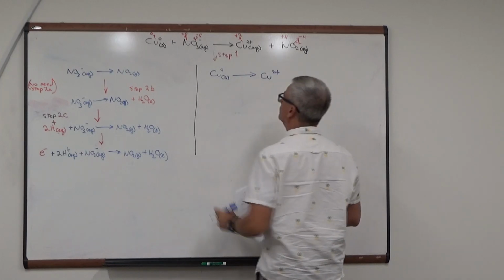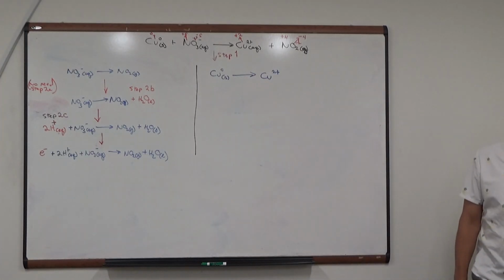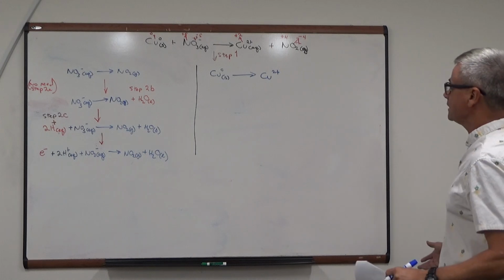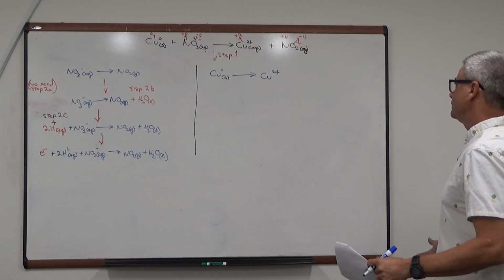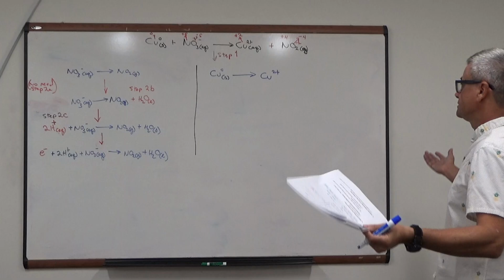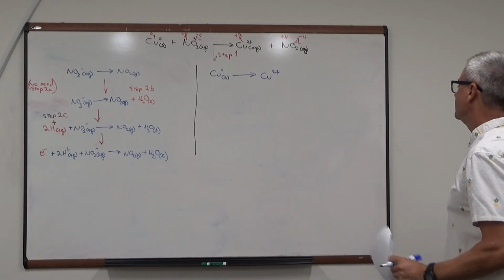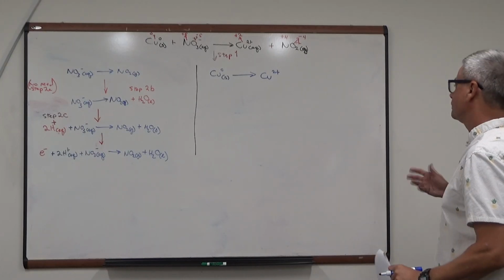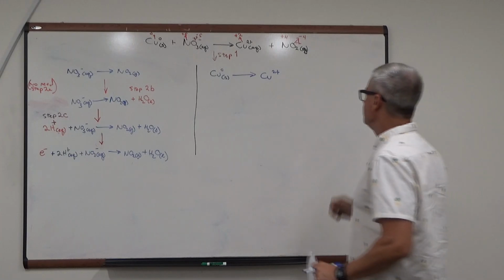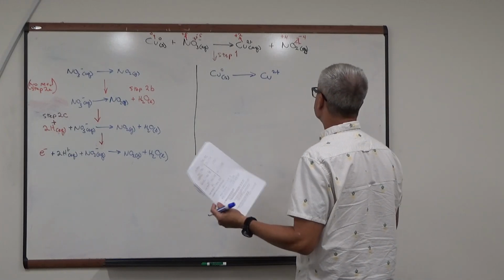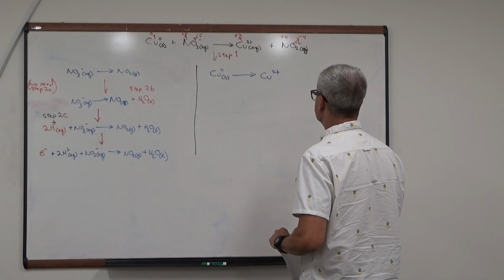And there's going to be no need to do 2A, B, or C because all the atoms are balanced. We have 1 copper atom on one side, 1 copper atom on the other. No oxygens to worry about, or hydrogens, and so forth.